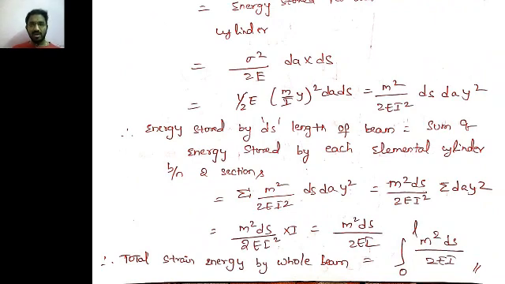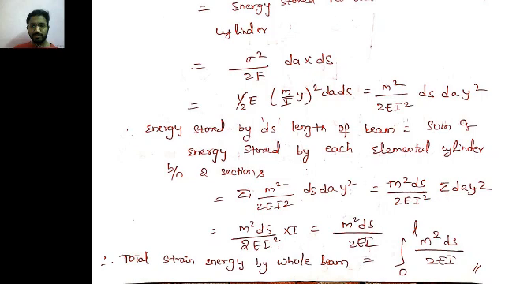This is the formula for strain energy subjected to bending: integral from 0 to L of M square by 2EI into ds. In some textbooks they mention dx in place of ds. For calculation purposes, nothing to worry about, you can take dx also, no problem.